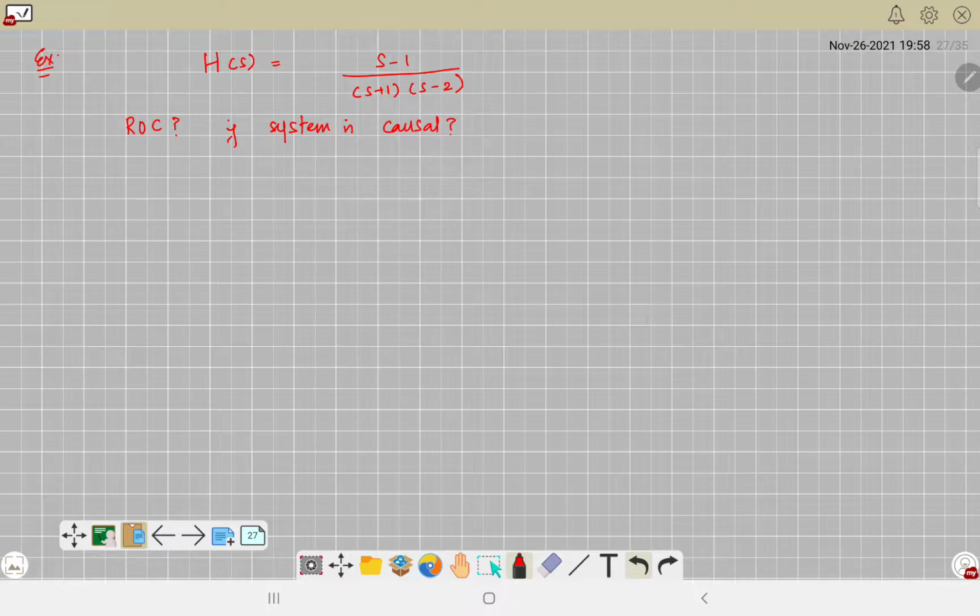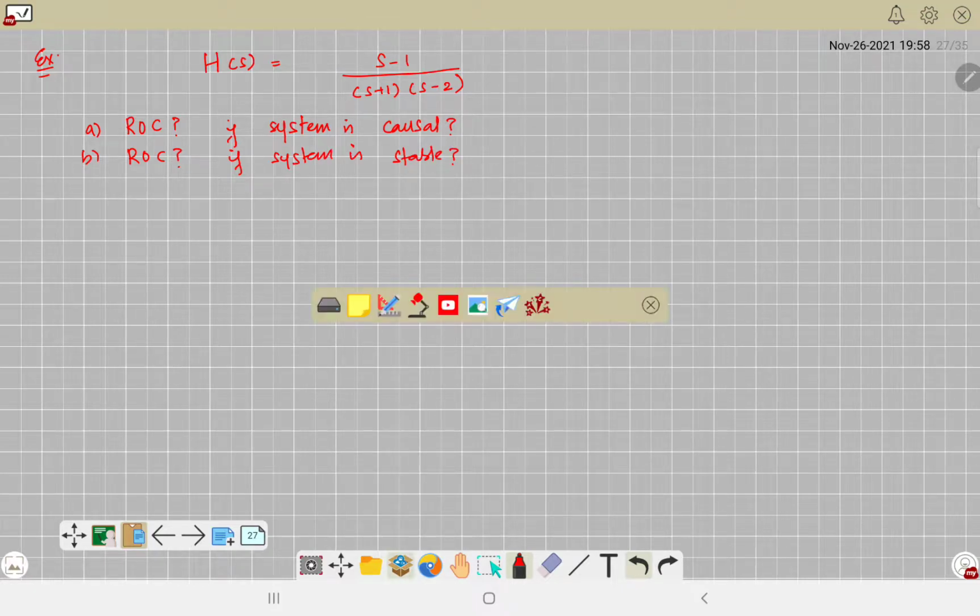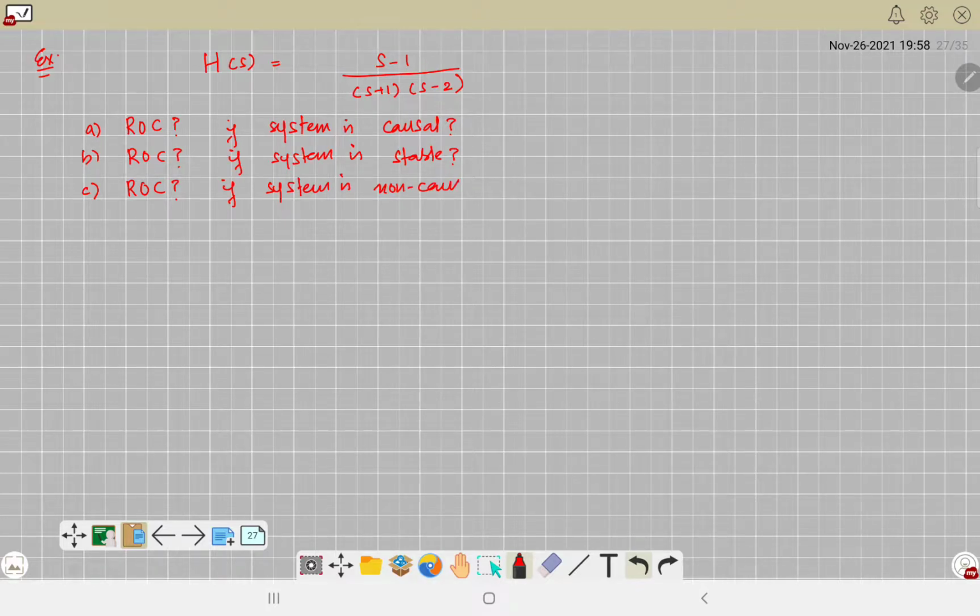And second, what will be the ROC if I want this system to be stable? And third, what will be the ROC if the system is non-causal and unstable?